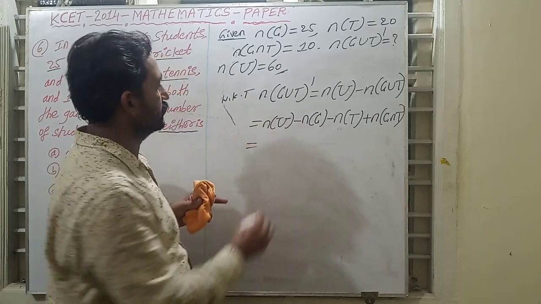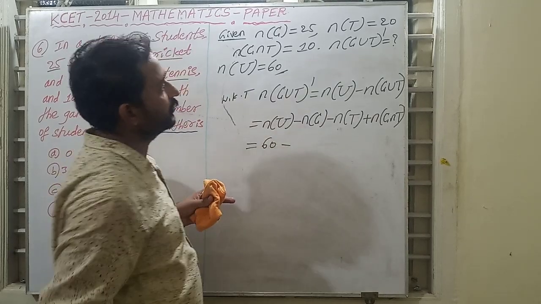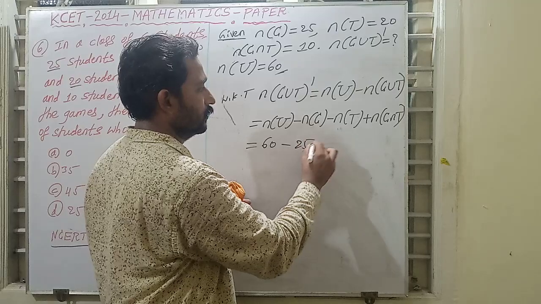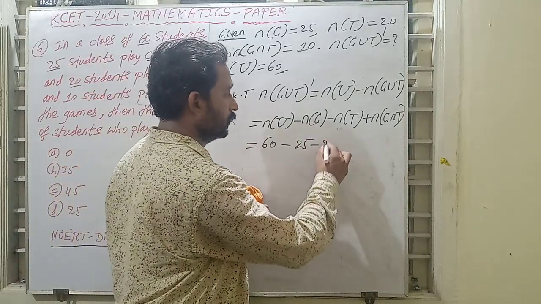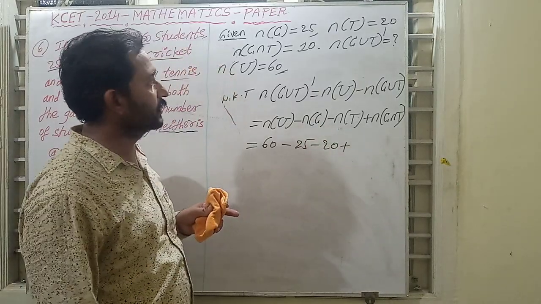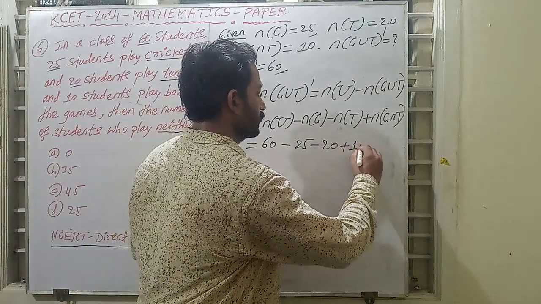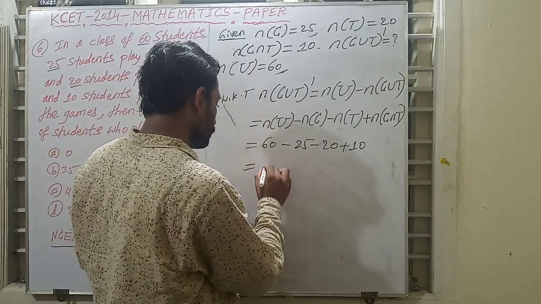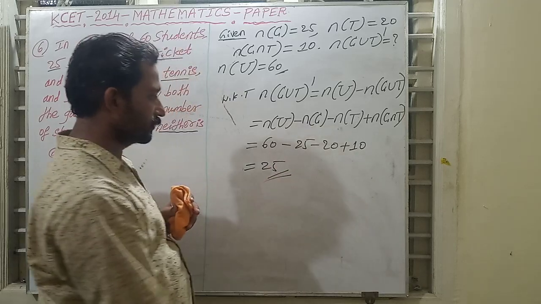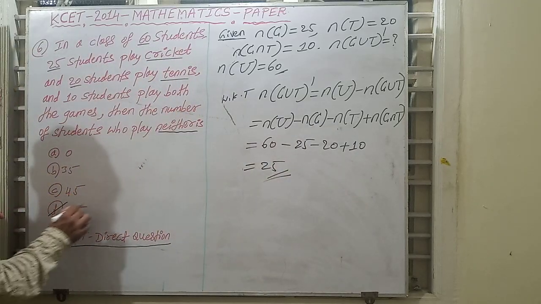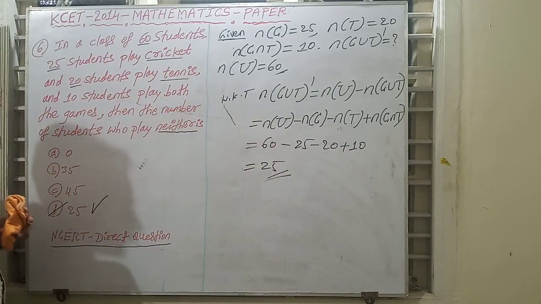Substituting n of U 60, n of C 25, n of T 20, minus n of C intersection T 10 and simplifying, we get the answer 25. So option D is correct. That's all.